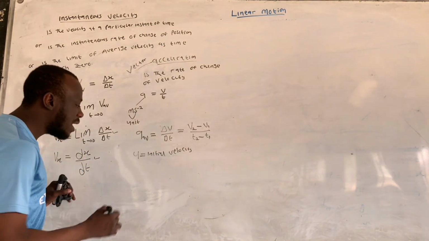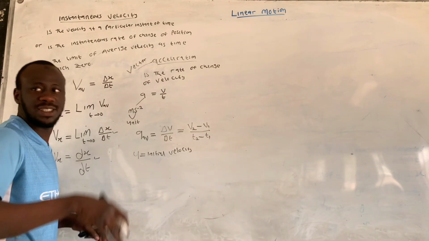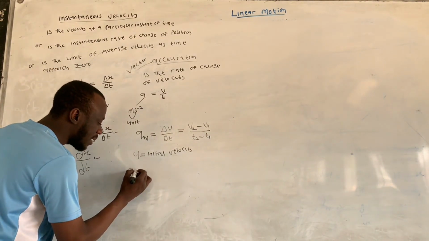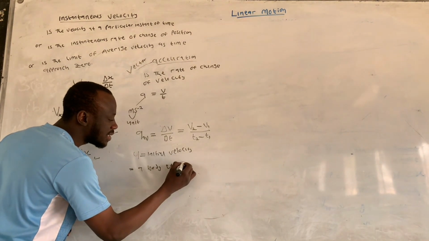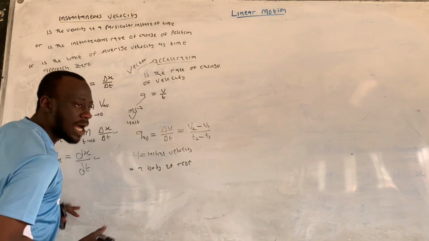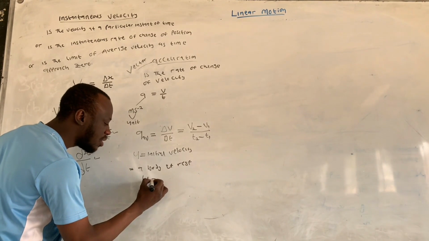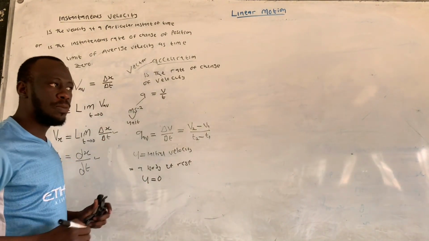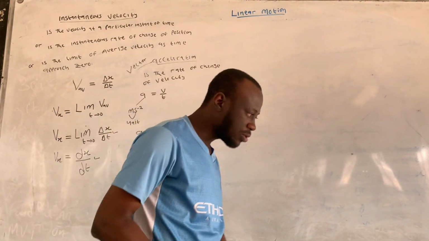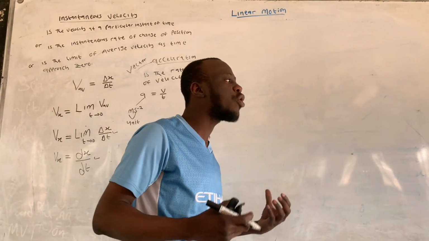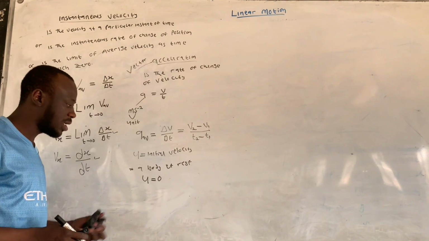Normally, a body at rest has an initial velocity of 0, because the body has not started to move.